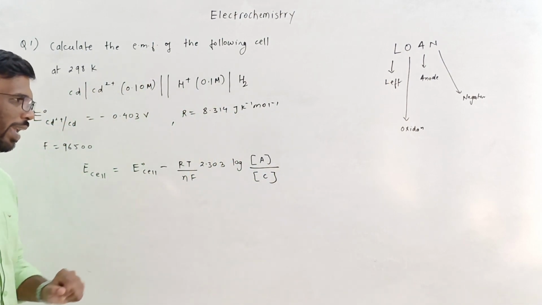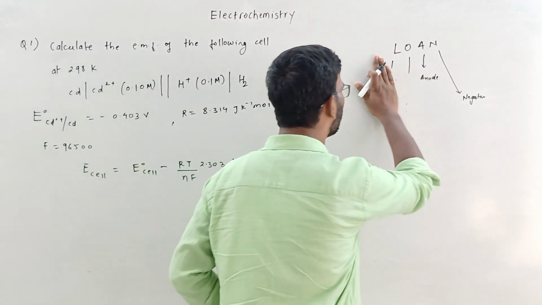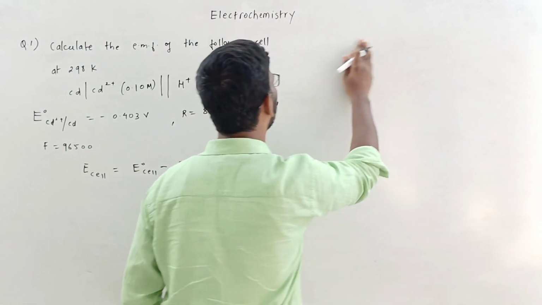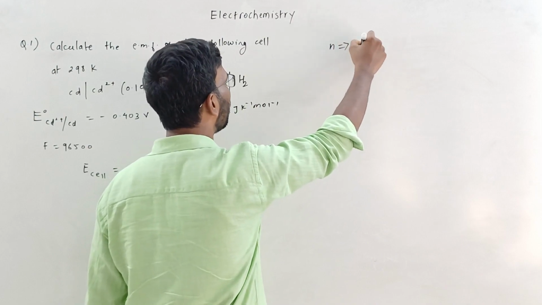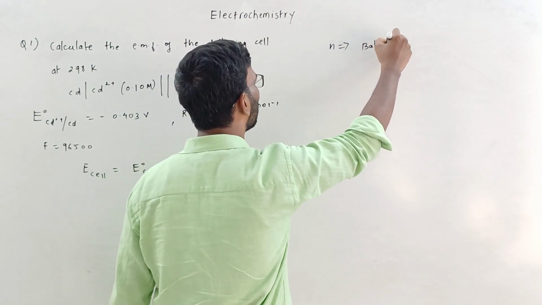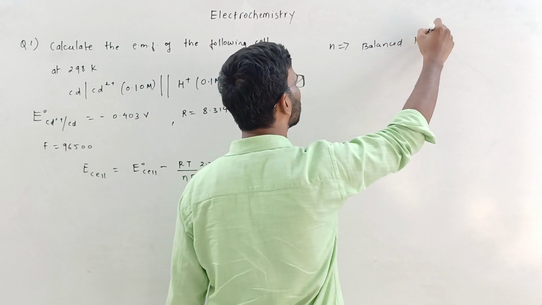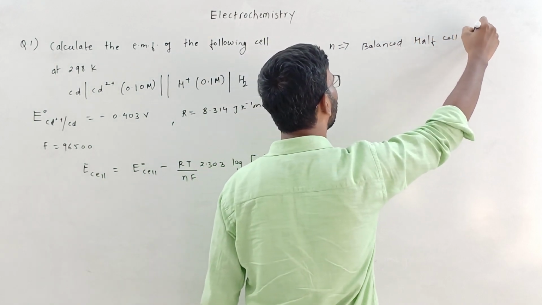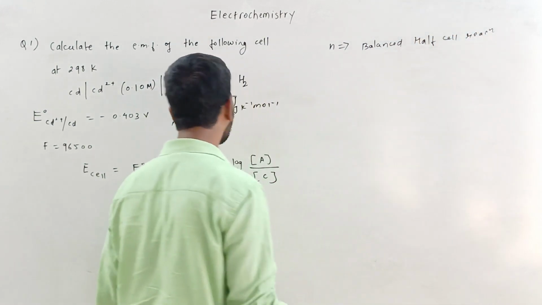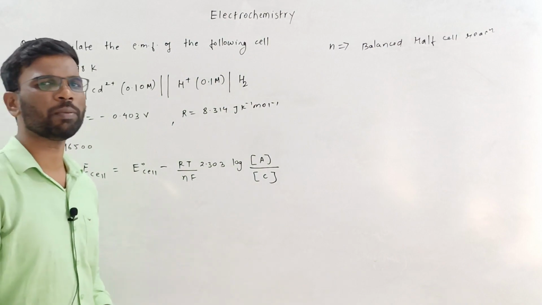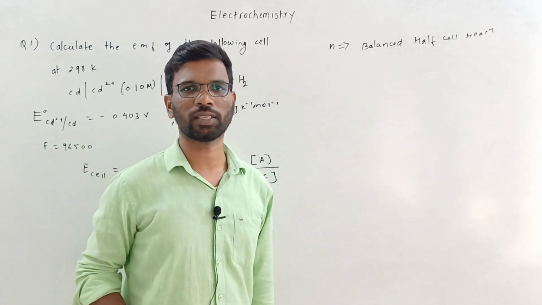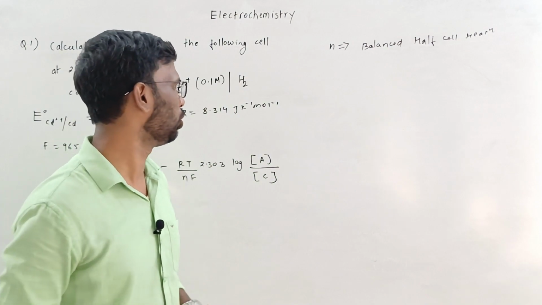Now to get this N, what is very important, we should know N, right? To get this N, what is required? Balanced half cell reactions. In some reactions you can easily figure it out, but sometimes you need a balanced half cell reaction to be 100% sure.